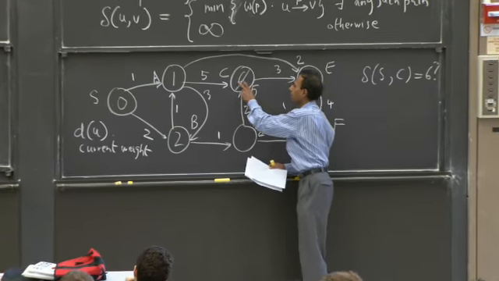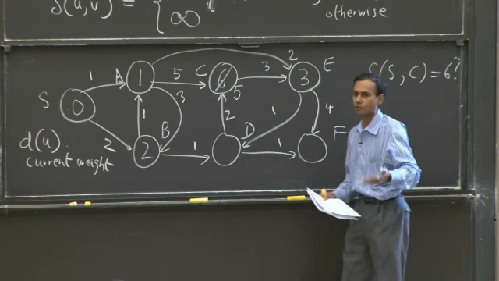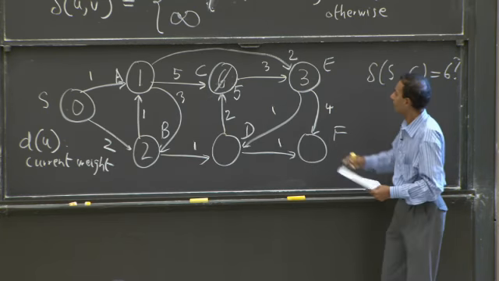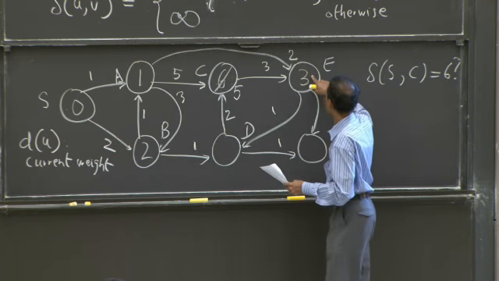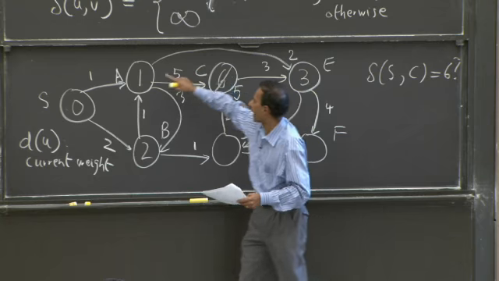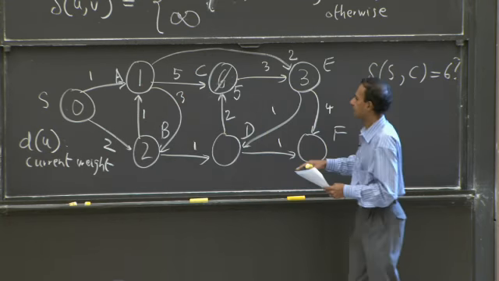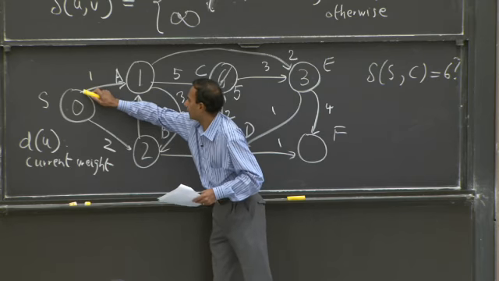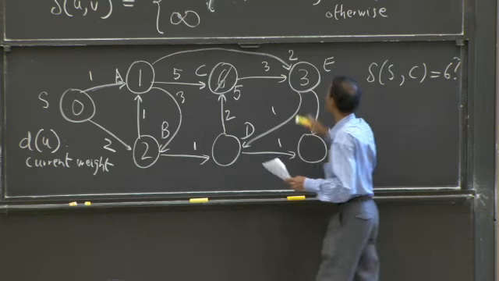I'm going to look at pi of C, and that might point me to A, and so on and so forth. In this particular instance, when you're finally done, pi of E is going to point to A, and pi of A is going to point to S, all right? Because that's the best path, like so.